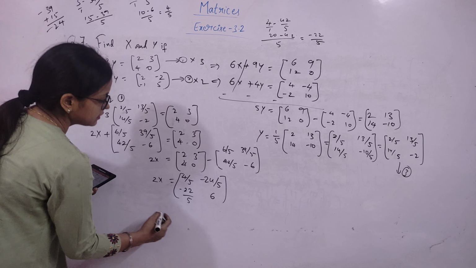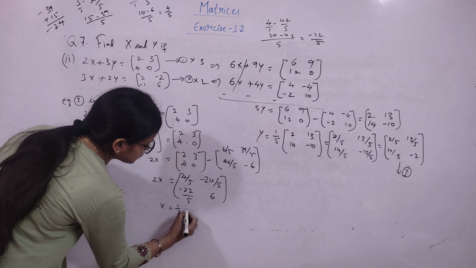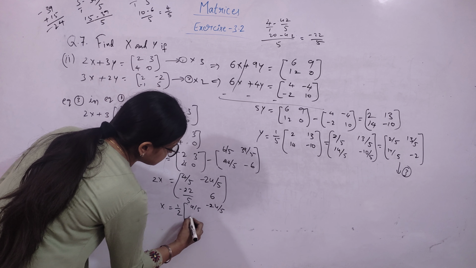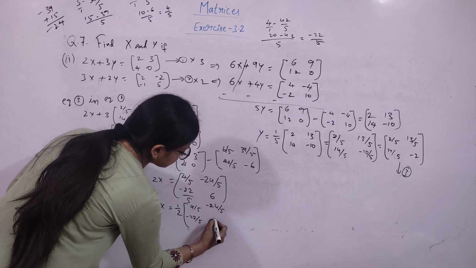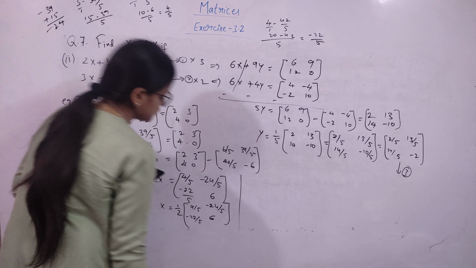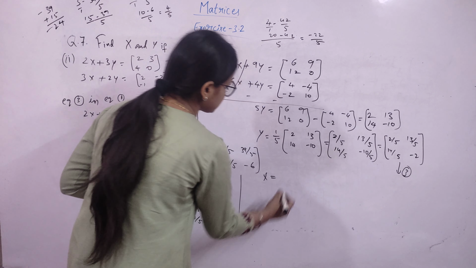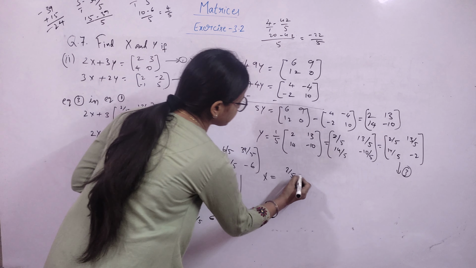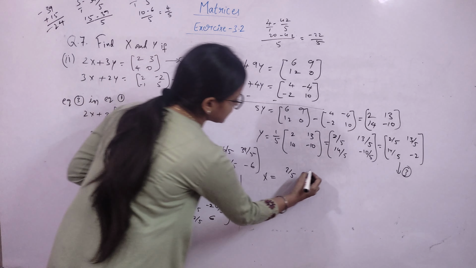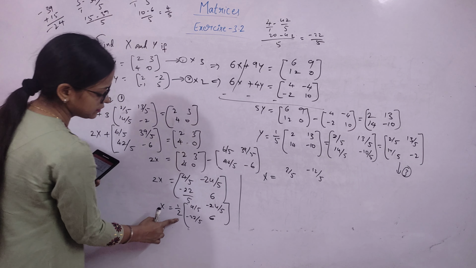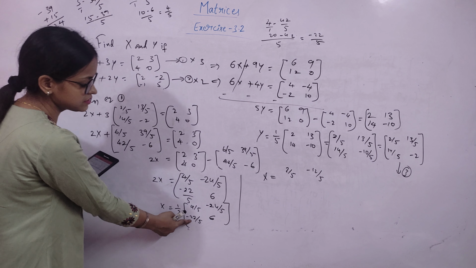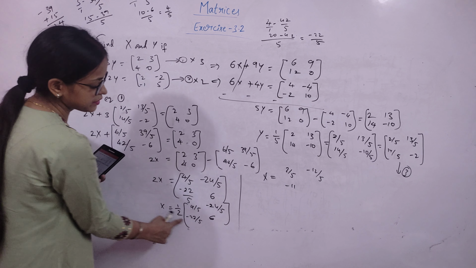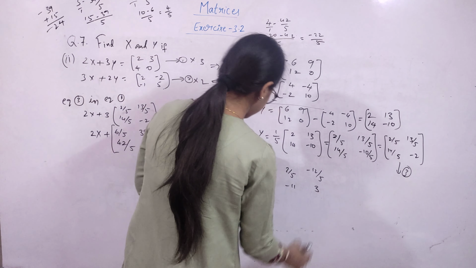Now simply x is equal to 1 by 2 of 4 by 5, minus 24 by 5, minus 22 by 5, 6. So x is divided by 2: 2 by 5, then minus 12 by 5, then minus 11, and then 6 by 2 is 3.